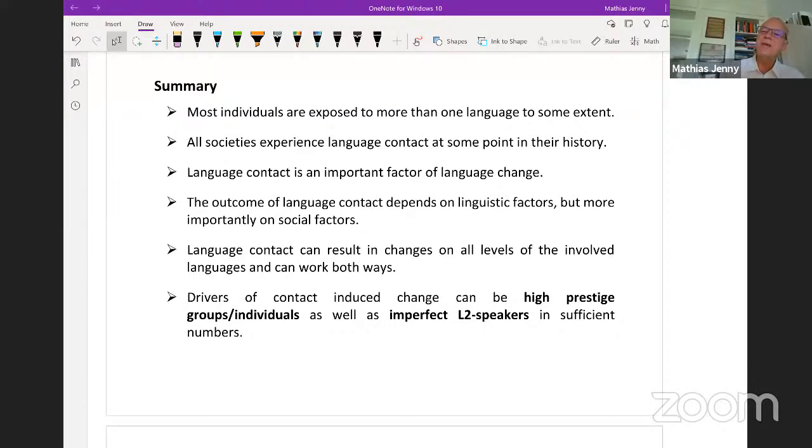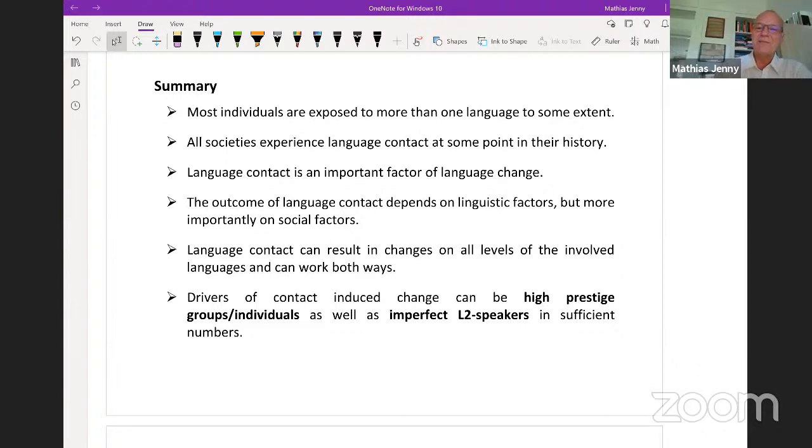Linguistic factors may be there, but it's much more important to look at the social factors. Language contact can result in changes in all domains of the languages involved. So there's nothing that cannot change through contact. And this influence can go both ways, like low prestige language can influence high prestige and the other way around.